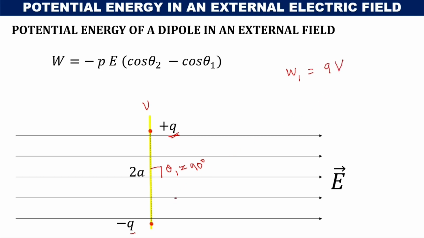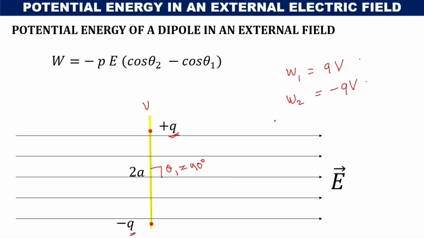Similarly, when we bring minus Q from infinity to a different point on the same equipotential surface, the amount of work done is represented as W2, which should be equal to the product of the negative charge, minus Q, into V. Potential due to the positive charge is positive, that due to the negative charge is negative.